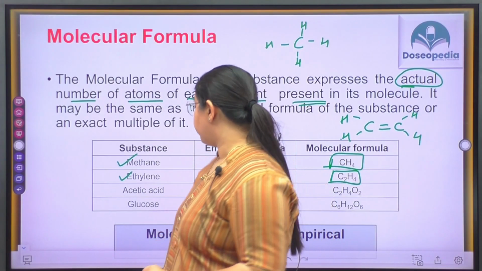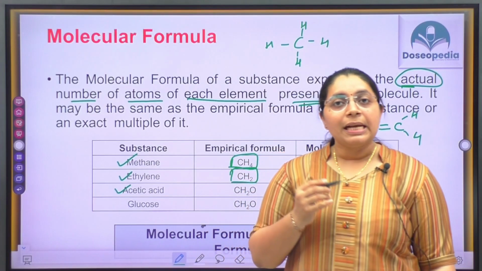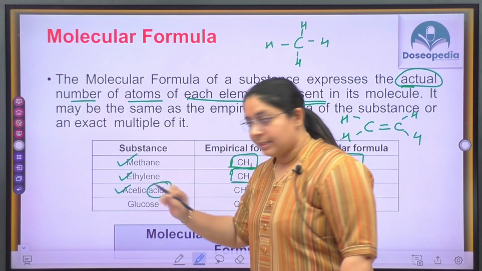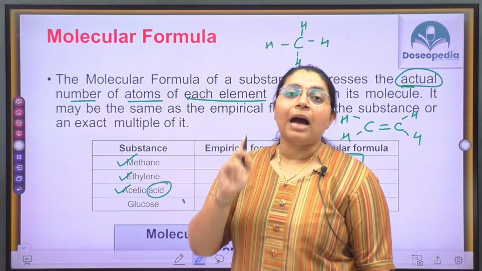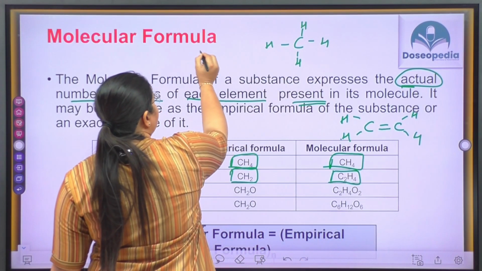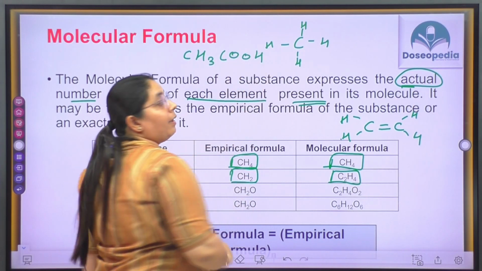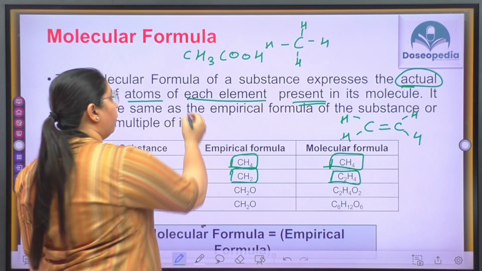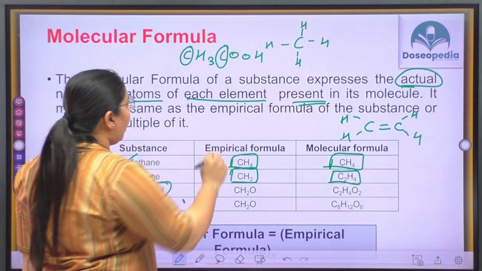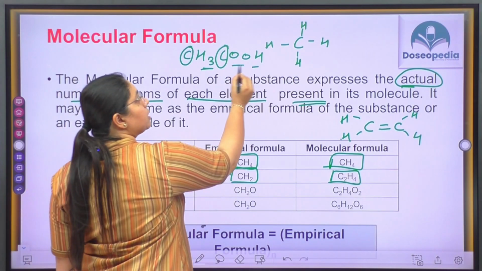Okay, now let's have an example of acetic acid. What is acetic acid? As here you have the suffix acid, it can be a carboxylic acid. So the acetic acid formula is CH3COOH. How many carbons are present? 1 and 2. So C2. How many hydrogens? 3 plus 1, 4. And how many oxygens? 2.